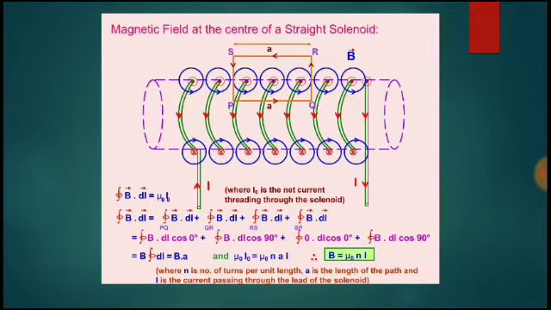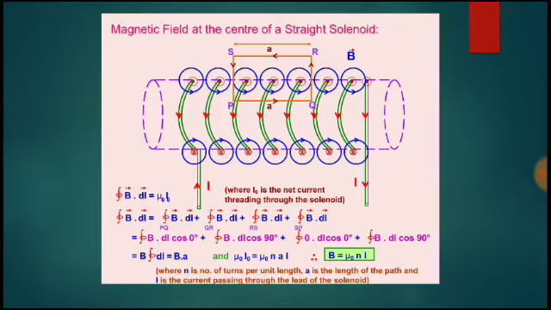Now according to that law, B dl into cos 0 degree for the first side. Plus the second one, QR, B into dl cos 90 degree. Why, sir, 90 here? If you consider this area perpendicular to the plane of the coil, that's why it is 90 degree.